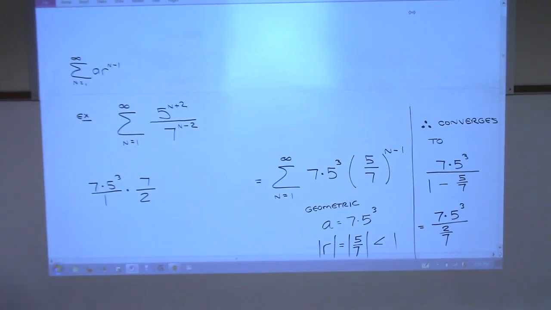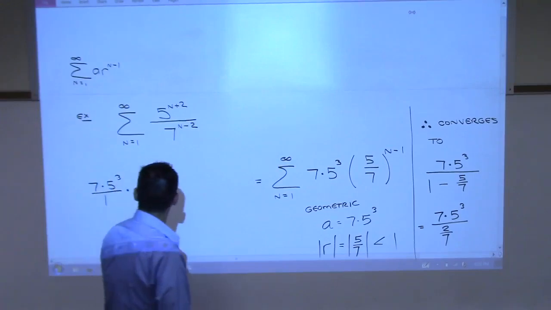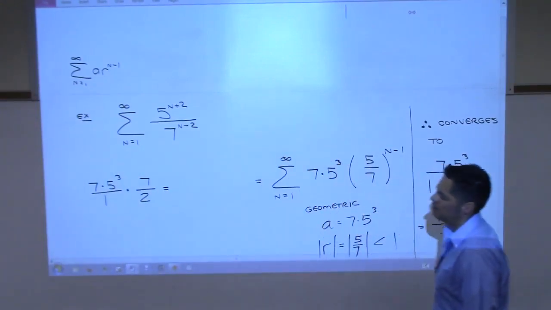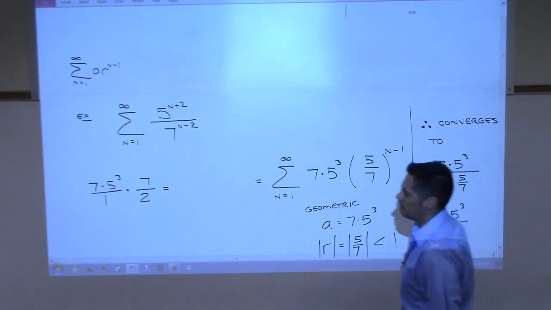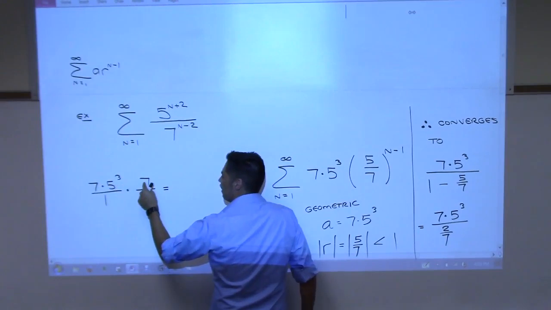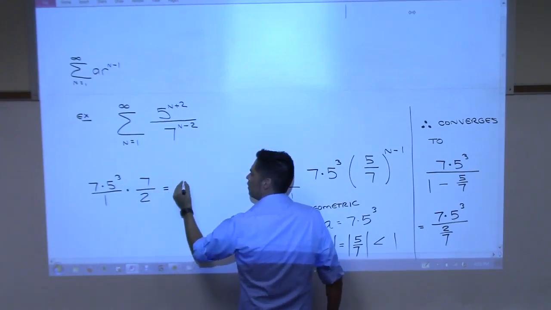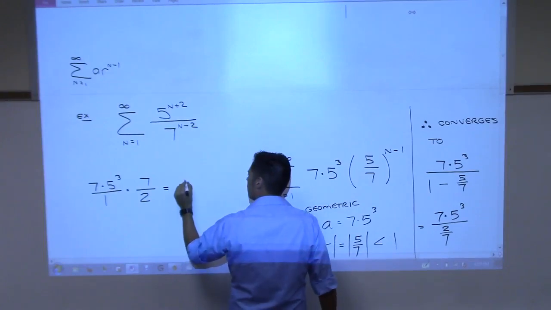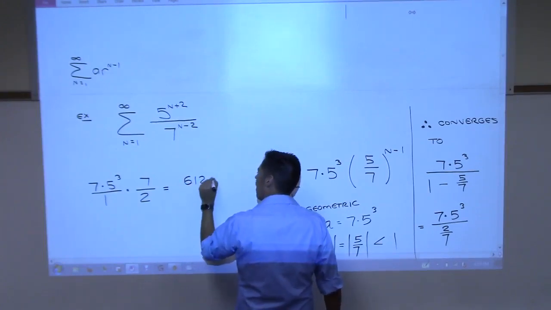3,062.5. What is it? 3,062.5. Wait, something. Oh yeah, those are prime. Never mind. I was like, wait a minute, we're going to divide by 2. So what's 7 times 5 cubed times 7? 6125. 6125?